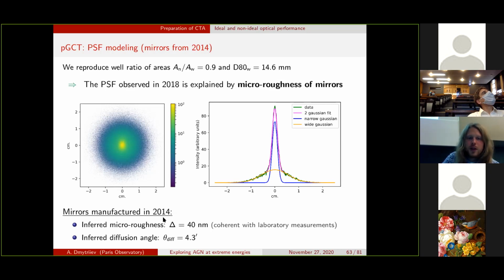So for the mirrors manufactured in 2014, we conclude that the micro roughness is around 40 nanometers. This is a typical surface irregularity size, which is in very good agreement with actual laboratory measurements performed with a profilometer. And the inferred diffusion angle is around 4.3 arc minutes.